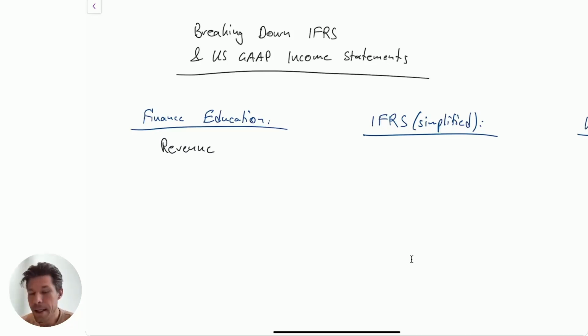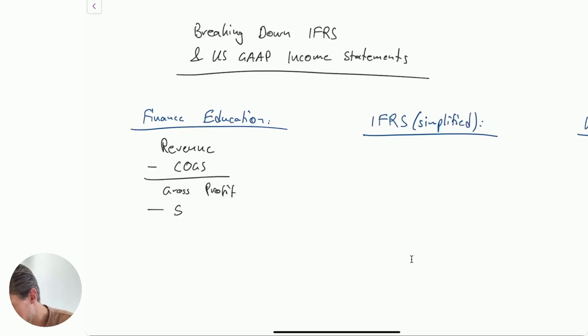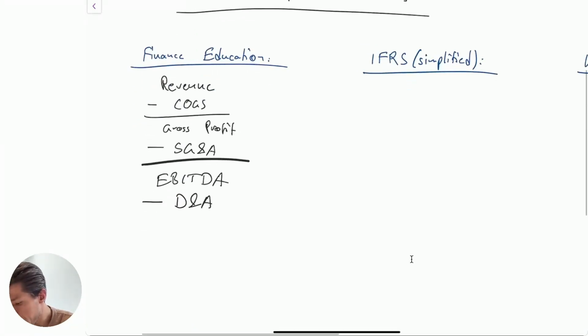I go through item by item, basically the income, the products you're selling, the revenue, sales or turnover you generate, cost of goods sold. Then you have gross profit, minus sales, general and administrative expenses. Then you have EBITDA, depreciation and amortization will be deducted.